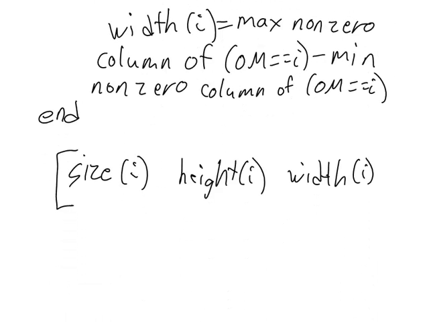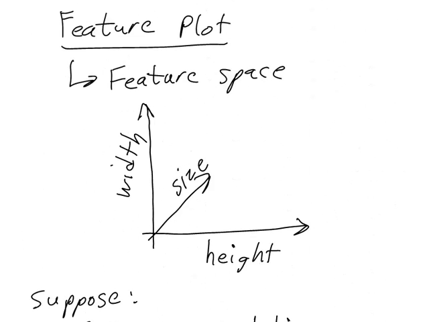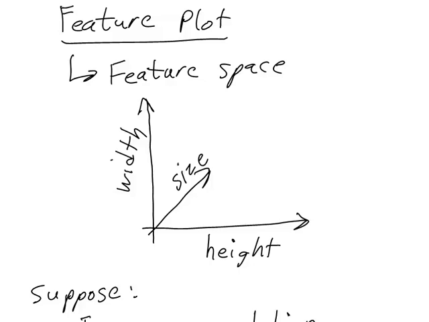We'll take these vectors, a total of I vectors, and we plot them into our feature space. What we'll find is that some of these objects will be grouped near 0. Some of the objects will have unusually large numbers in some of the features.